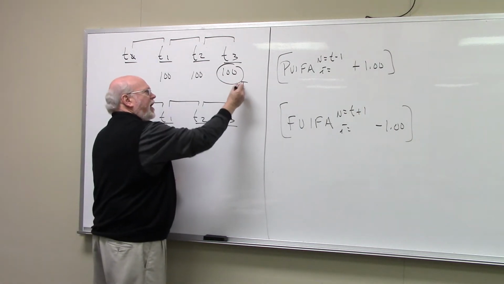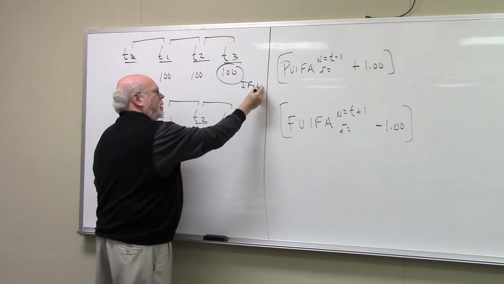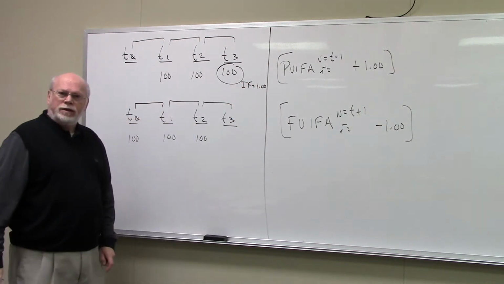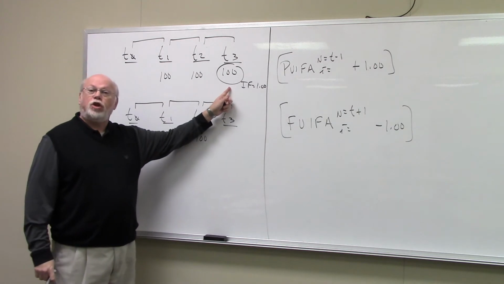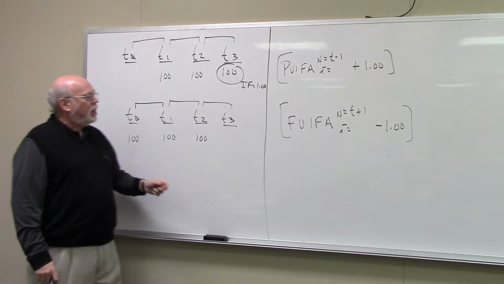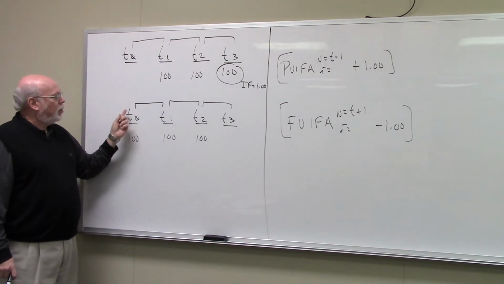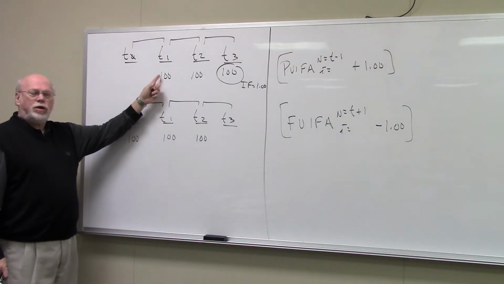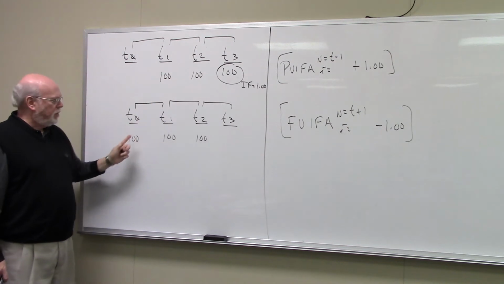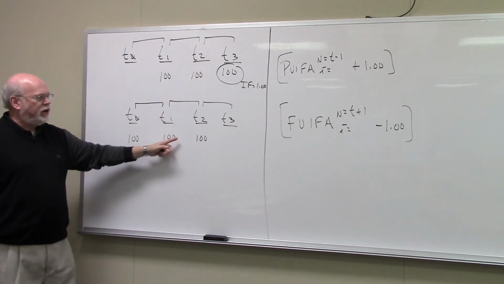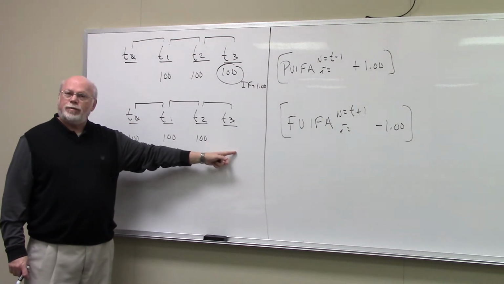The interest factor for that last payment is 1, because it earns no interest. If I save as an annuity due, though, what happens? The first payment up here earned interest for 2 years; the first payment here is now going to earn interest for 3 time periods.